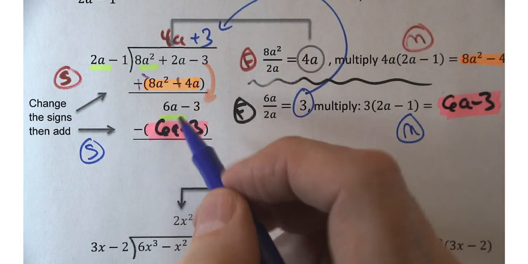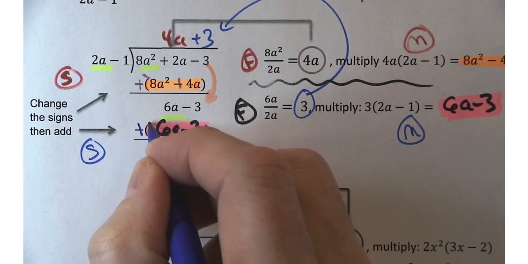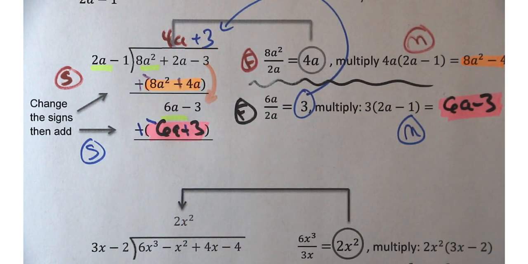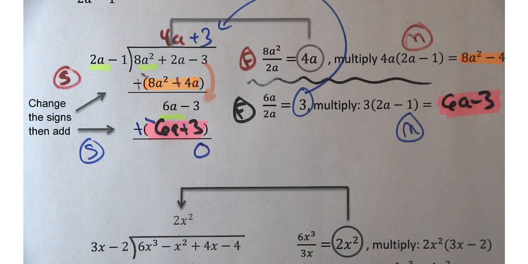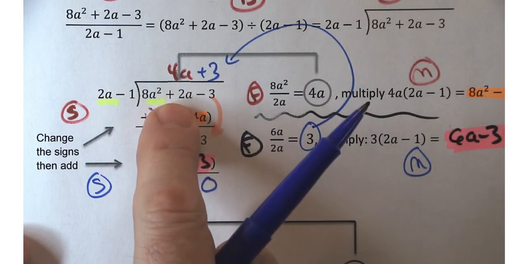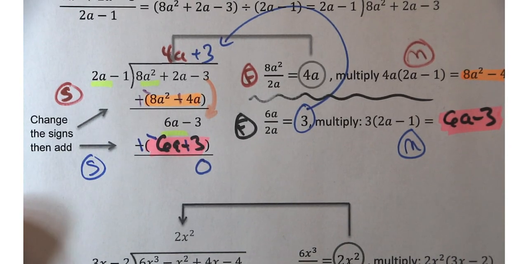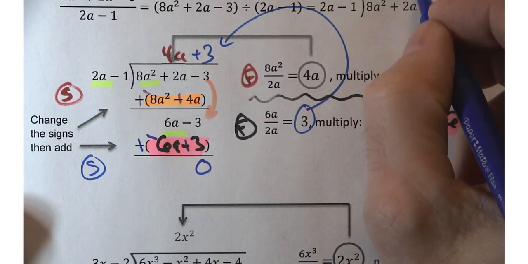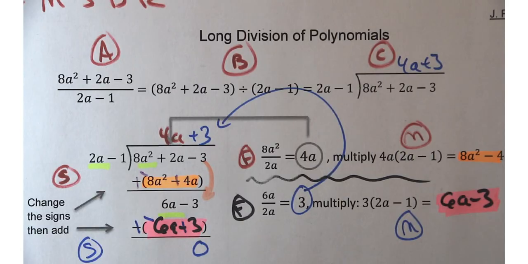Now when we subtract, the big thing here is to change the signs and add. So that becomes a plus, that becomes a minus, that becomes a plus. What do I get here for a remainder? What's left over? Yeah, 0. So it goes in evenly. Basically, this is a factor of this. You multiply this times this, you'll get this. So that's your answer. Your answer is just 4a plus 3. Nice.